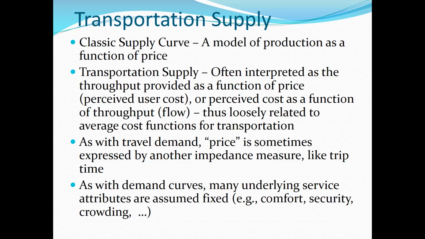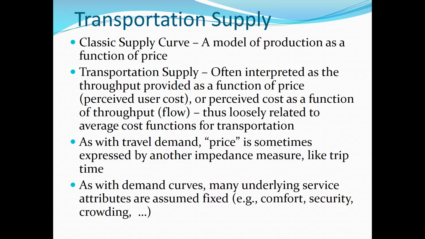So you can think of the transportation supply curve as your average cost function, because what you're saying is a price, or the perceived user cost, as a function of throughput. And I'm going to show that with a chart. And in the next lecture, when we start talking about how the transportation supply and demand work together, then that can give us what's the appropriate price, where the equilibrium might happen, and so forth.